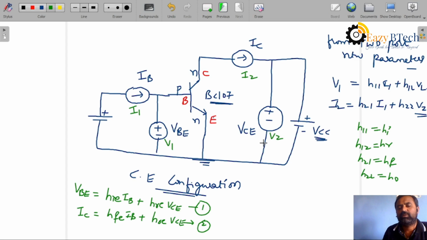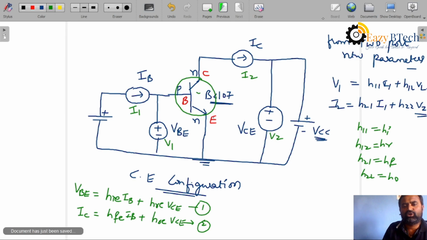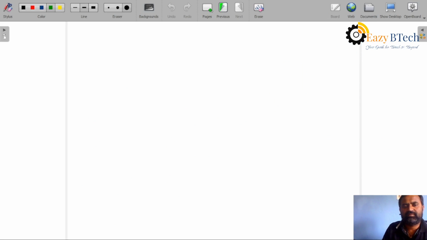If it is common base configuration, B; common emitter means E; common collector means C. These parameters of the common emitter configuration are expressed by the input and output characteristics.